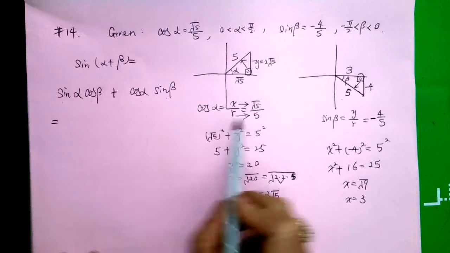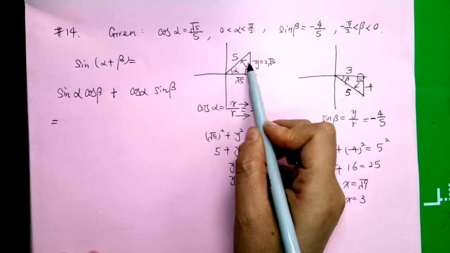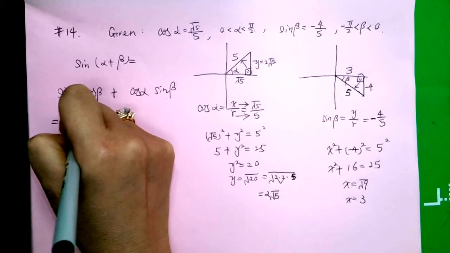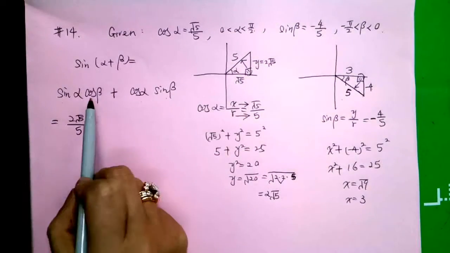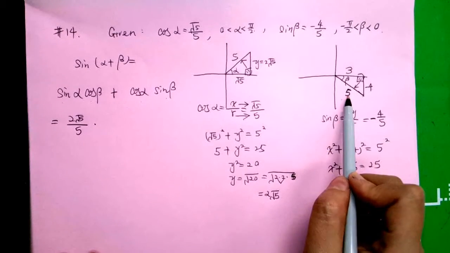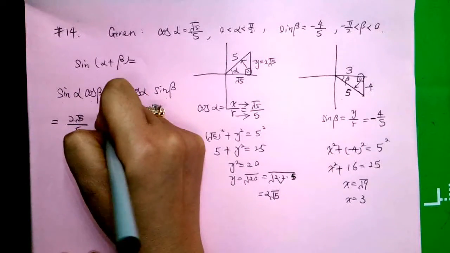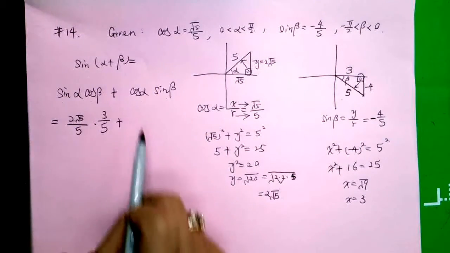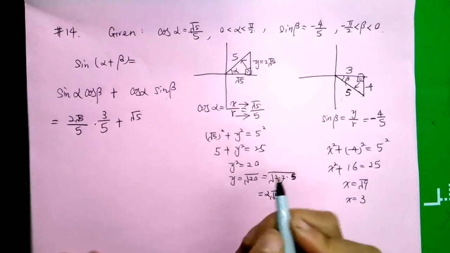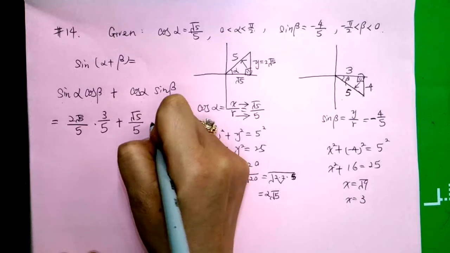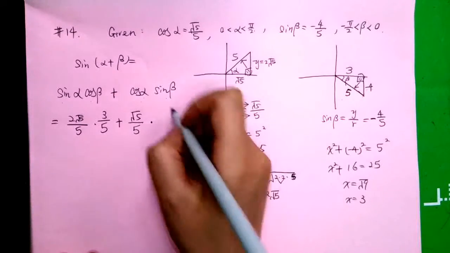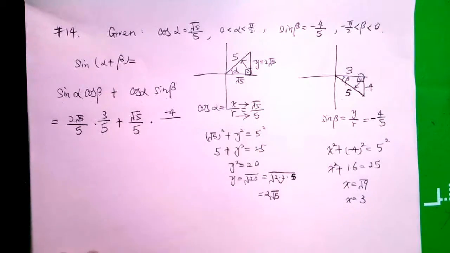Sine alpha equals y over r, which is 2 radical 5 over 5. Cosine beta, you have to go back to the beta triangle, equals x over r, that's 3 over 5, plus cosine alpha, x over r, radical 5 over 5, times sine beta, y over r, which is negative 4 over 5.